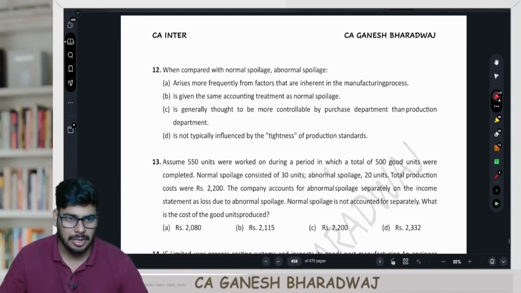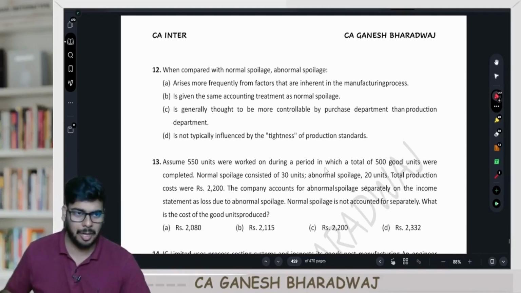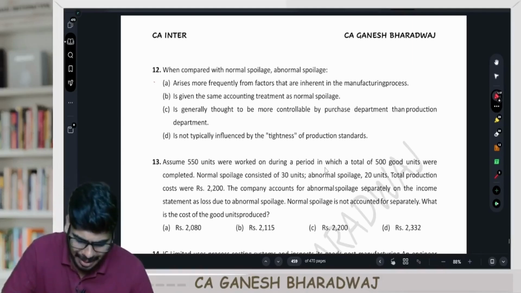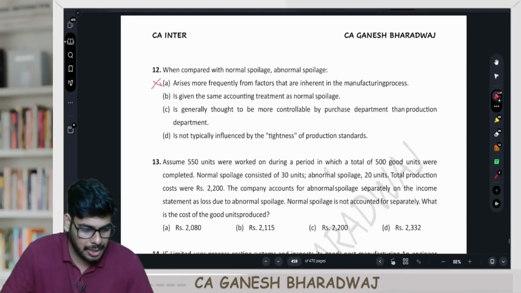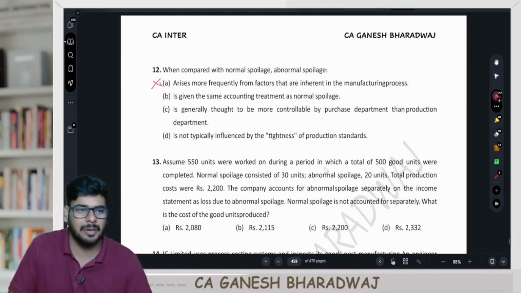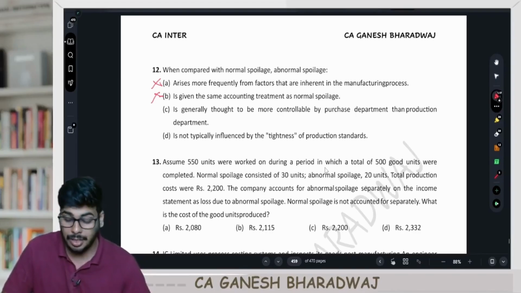Abnormal loss, will it happen because of the inherent process? Is it unavoidable? No, it is avoidable. It is not because of inherent parameters. Definitely the first is not the case. B: Abnormal spoilage is given the same accounting treatment as normal spoilage. Is it correct? Absolutely not. For accounting treatment only, we segregate it and make it 2 different losses.